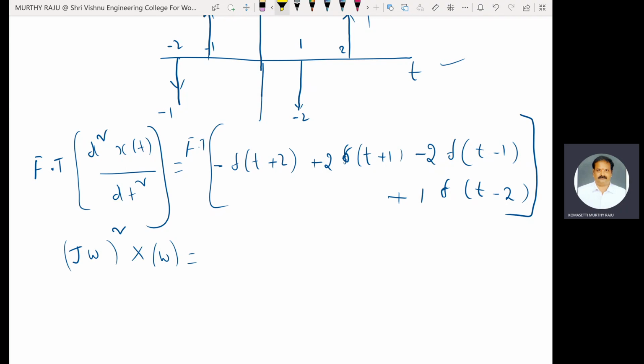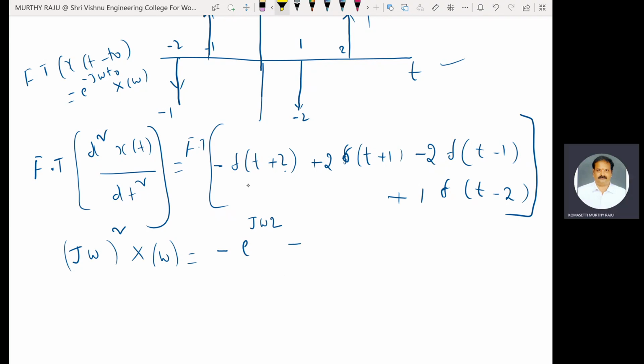By using the time shifting property, the Fourier transform of x of t minus t naught is equal to e power minus j omega t naught x of omega. Here, the same formula is applied. Minus sign, t naught is 2 plus 2 here. Plus 2 means e power j 2 omega.